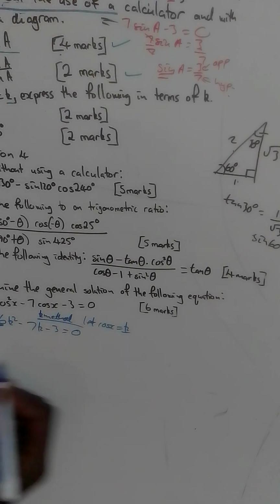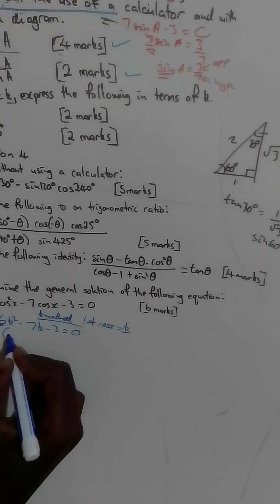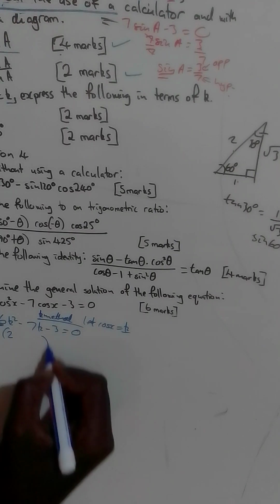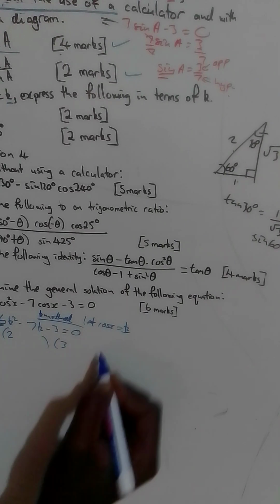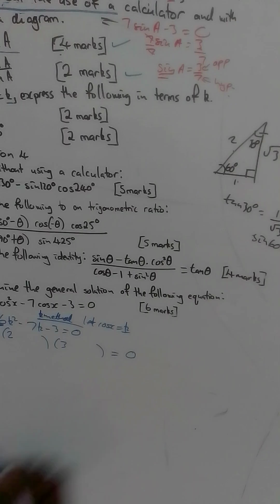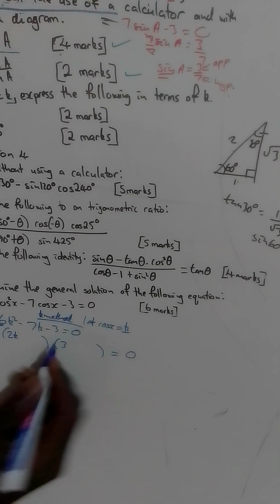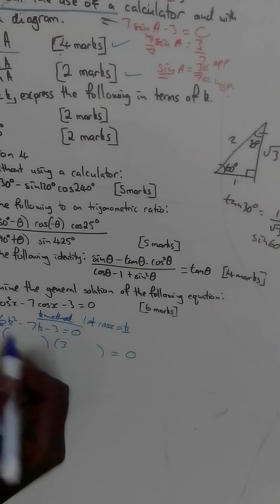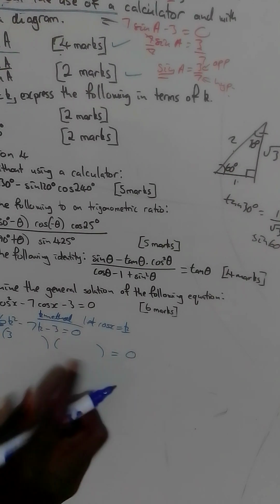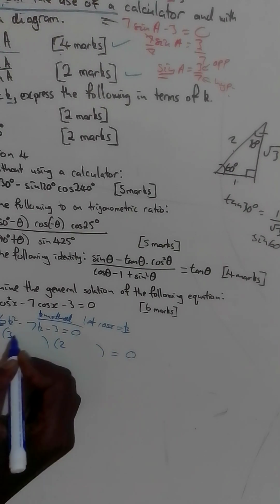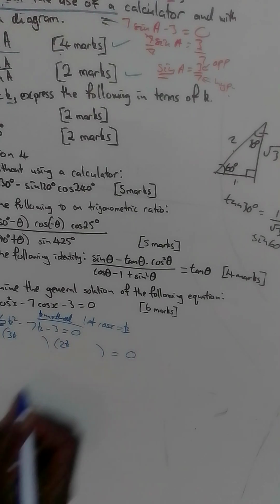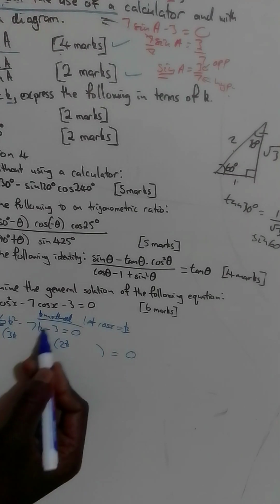Now I've got 6 here, which means that I open the bracket of 2 and 3, equal to 0. I've got k squared, which means here I've got k. Let me put my 3 this side rather, and my smaller 2 that side. So I've got k and k. I come here and I check.